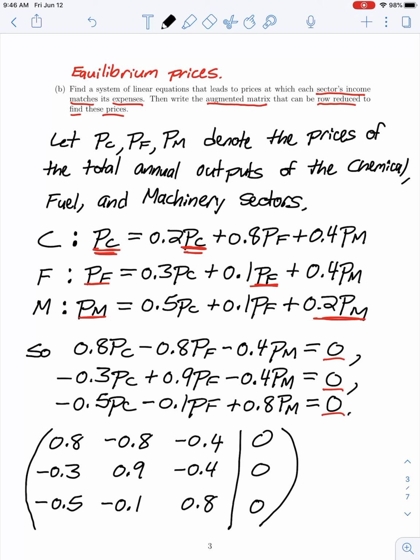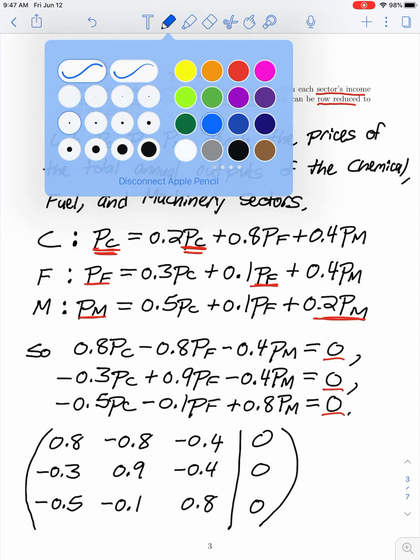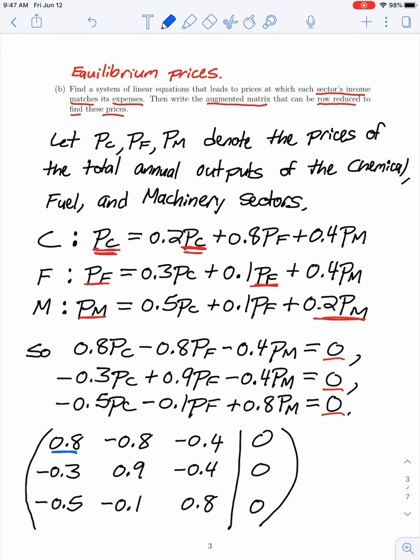Now one easy way to eliminate these decimals and get integer values, we'll notice that all of our entries could be considered as tenths, like for instance, our 0.8 is 8 tenths, negative 8 tenths, negative 4 tenths. So if you multiplied each row through by 10, you could reduce each entry to an integer value, which would then give you a matrix which is easier to work with, and then could be solved.